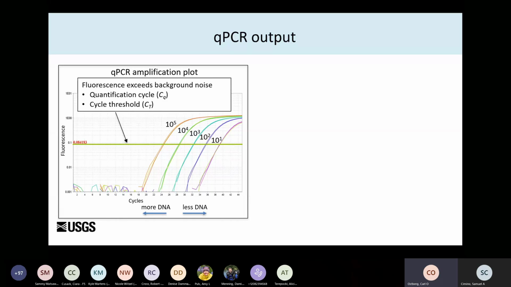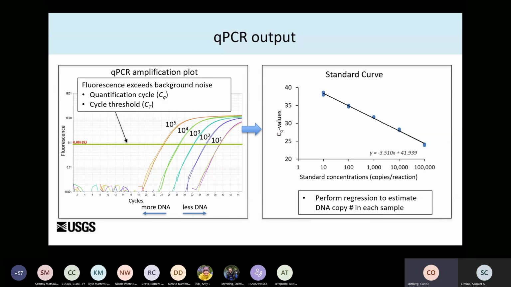Now, a standard curve can be generated using the CQ values from the DNA standards. For the standards here, CQ values are on the y-axis and the concentrations are on the x-axis. Then we can estimate the DNA copy numbers in our samples by using a regression equation that we develop off of these standards.